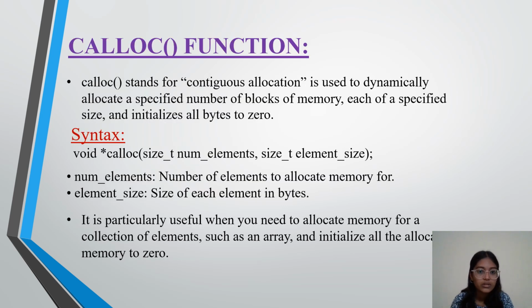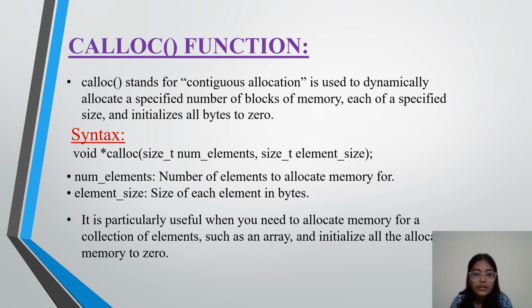Next comes the calloc function. Here calloc stands for contiguous allocation. The main difference between malloc and calloc is, in malloc we are assigning memory to one array or some memory, but in the calloc function we are allocating memory to blocks of memory.